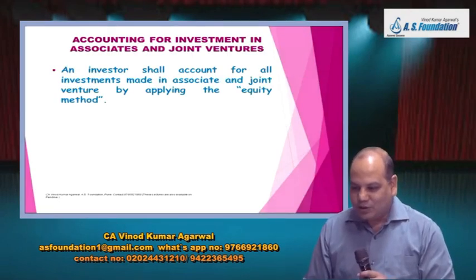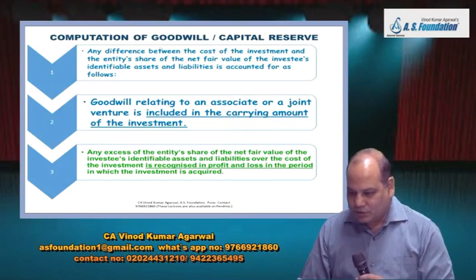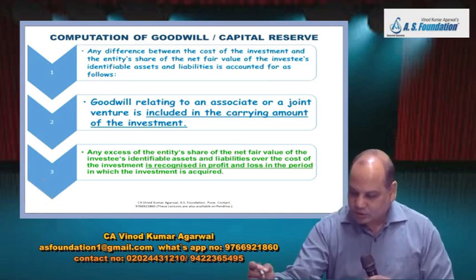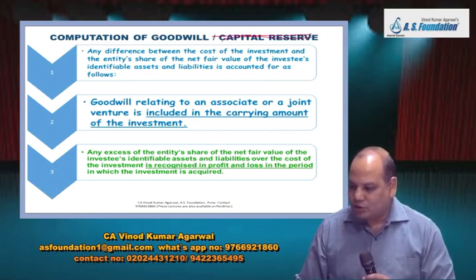What is the method of accounting for investment known as? They have called it the equity method. Some discussion. When you acquire the associate, on the date of acquisition, you will do a calculation called goodwill or gain on bargain purchase.